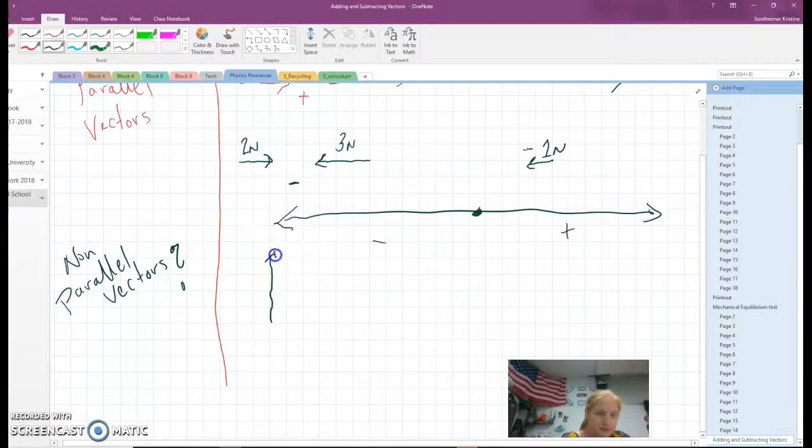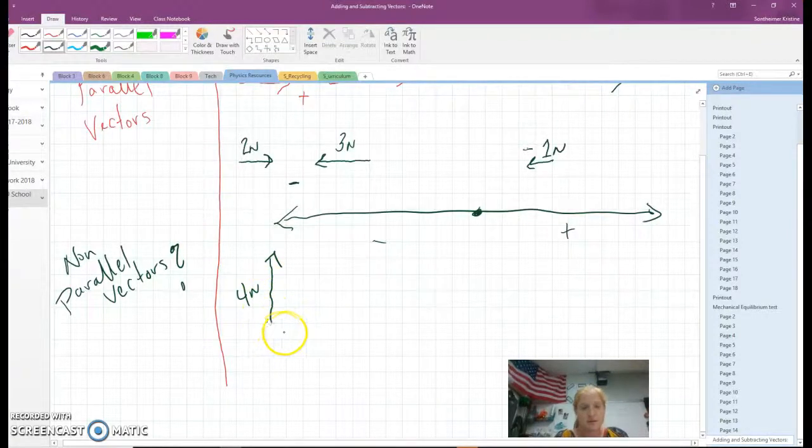I have something on 1, 2, 3, 4 newtons north, and that is newtons, not north. So this could be an arbitrary direction. It just depends on where you hold the paper. And 4 newtons to the right in this case. Okay, it's at a right angle. So I'll put my right angle symbol in here.